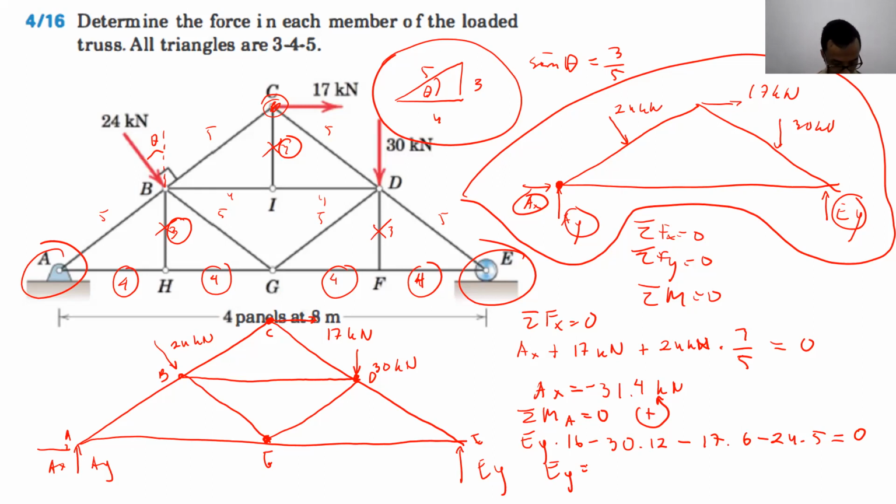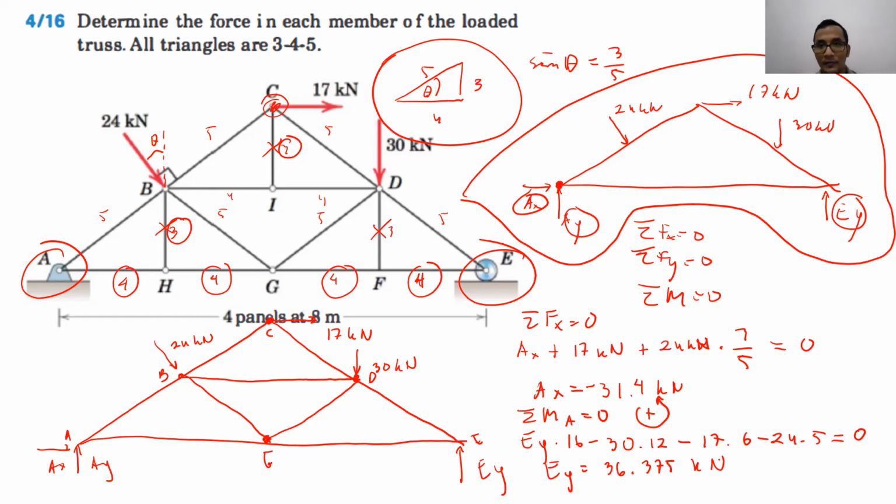Okay, 12 plus 17 multiplied by 6 plus 34 multiplied by 5, divided by 16. Okay, 375 kilonewton. And it's supposed to be positive or negative? Positive. Yeah, correct. So the direction of EY there is already correct.